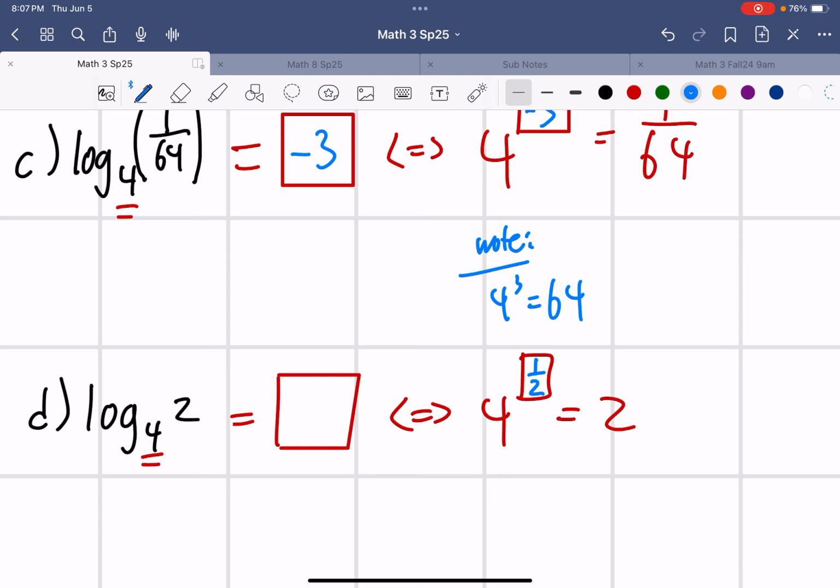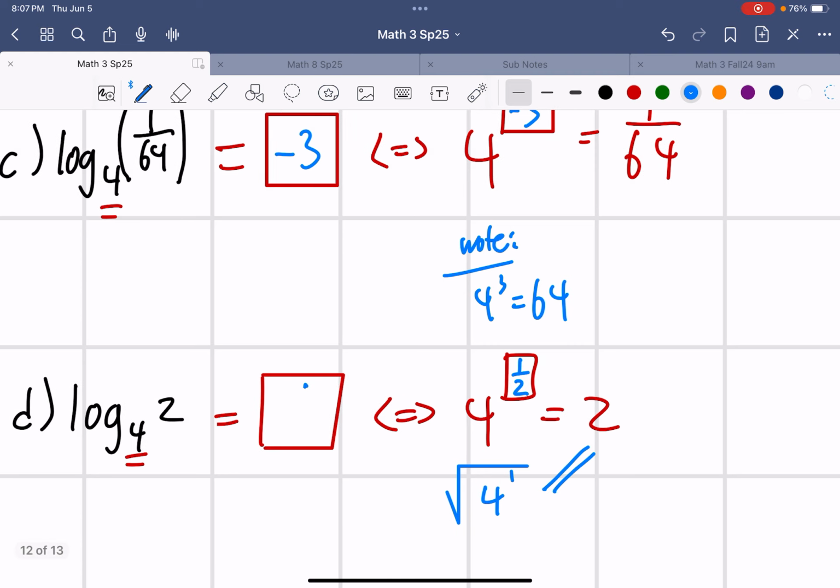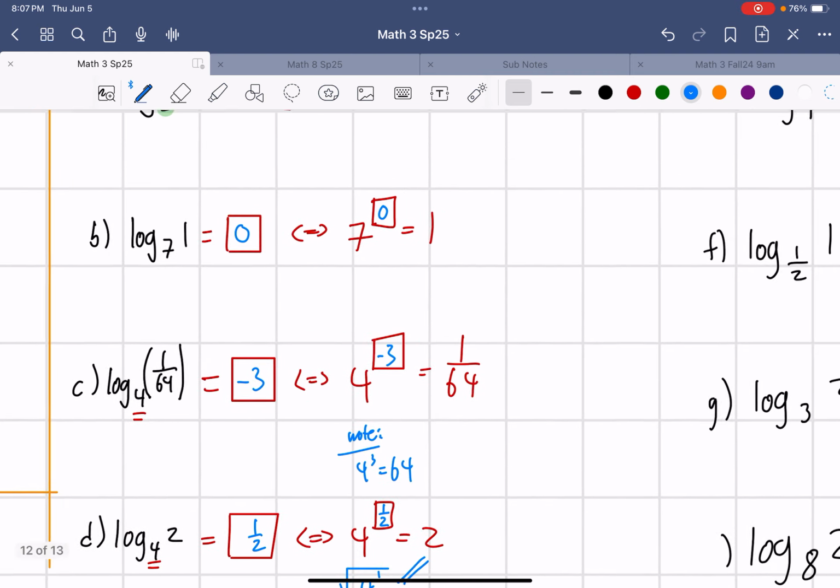Because if I rewrite it, the denominator is my index. But remember, for the square root, we don't write the 2 in here. And then the numerator of 1 is our power. So 4 to the 1 power. All I'm saying here is, what's the square root of 4? It is 2. So 1/2 would be my answer there.